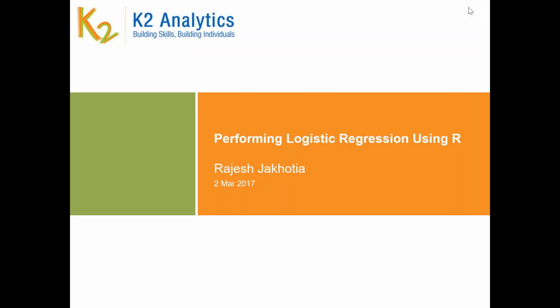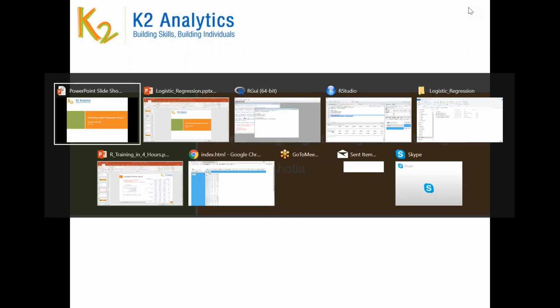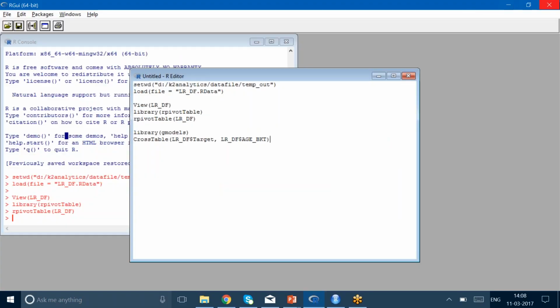The data that we are using is from a banking space where the bank has executed a campaign. Some customers responded to that campaign and took the offer. Those were marked as 1, and some customers did not take the offer and they were marked as 0. And then we are trying to build a logistic regression on that data set.